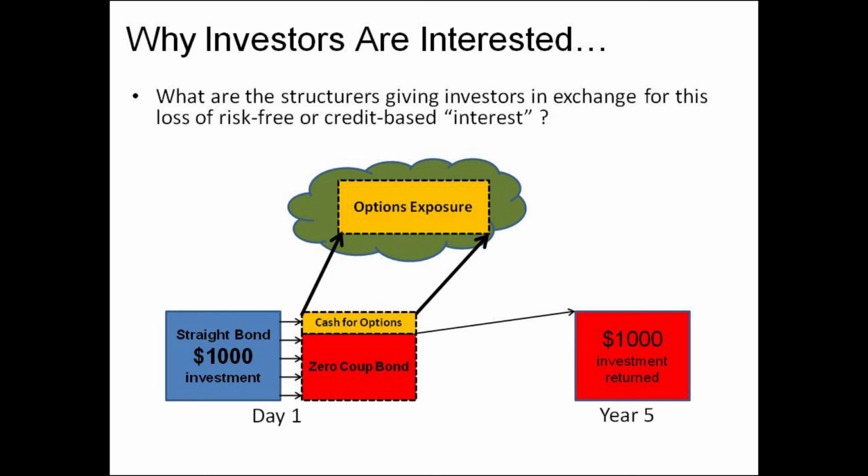So what the structures are giving investors in exchange for this loss of interest is just this options exposure, which often sounds a little bit exciting, and it sounds more interesting than investing in, say, just a savings account.